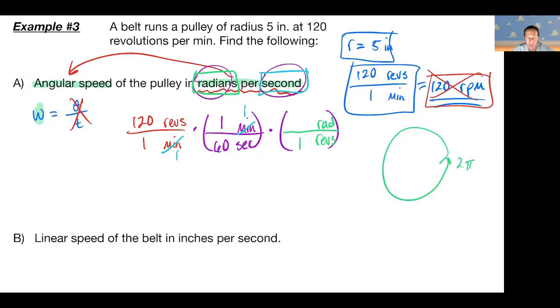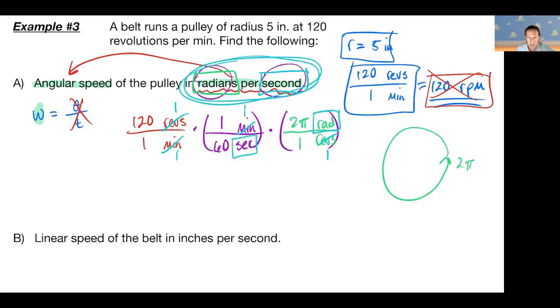Hopefully you came up with 2 pi. And that will allow us one last time to cancel out the revolutions. And notice the only things left are radians on top and seconds on bottom, which is what they asked us to find.